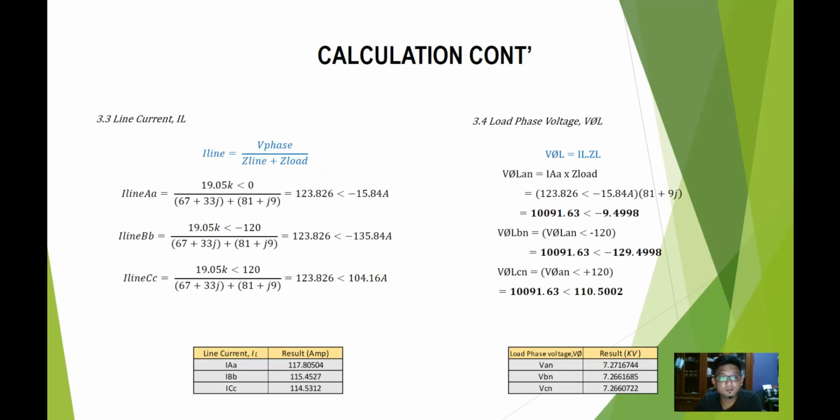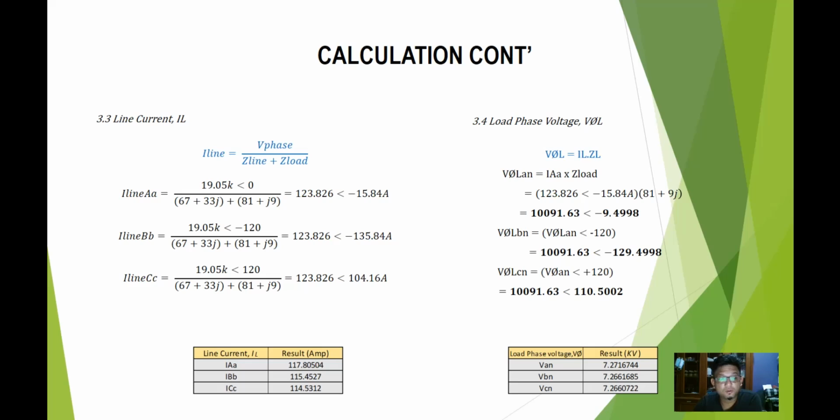Next, I find the line current. I line equals V phase divided by the line impedance plus the load impedance. By calculation, I get the answer 123.8826 at negative 15.84 degrees.